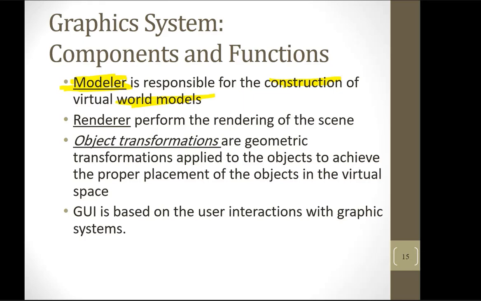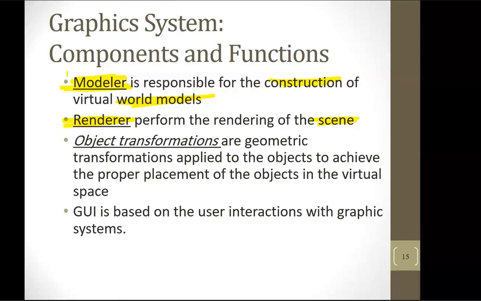Now, in order to generate the scene that we show to the user, we have to go to the second step, which is the rendering. Generally, there are two main steps: the modeling, and then the rendering. Without rendering, we cannot see realistic images. By using the rendering, we can see realistic images. The rendering will generate the scene that you have to show.